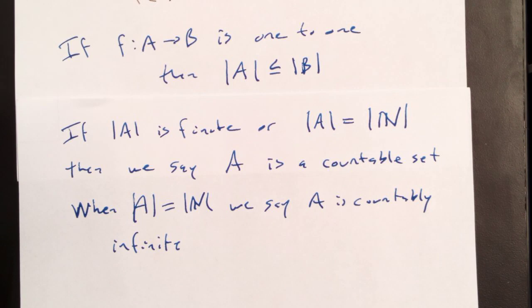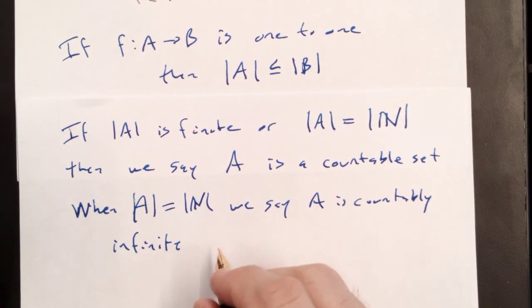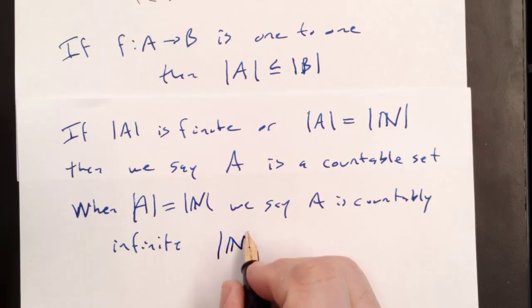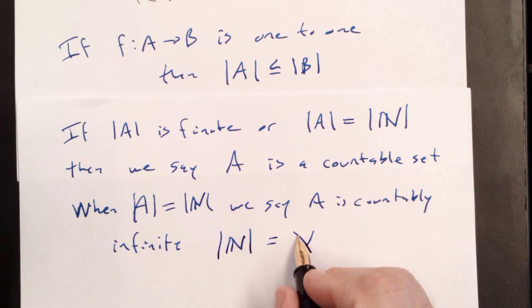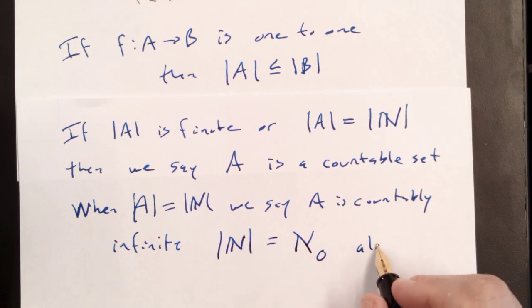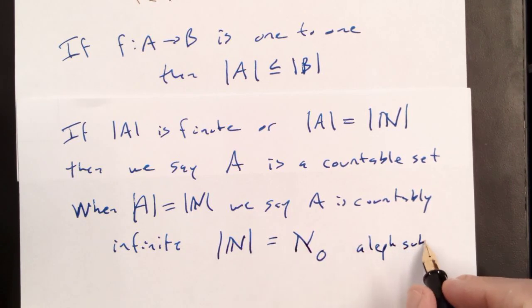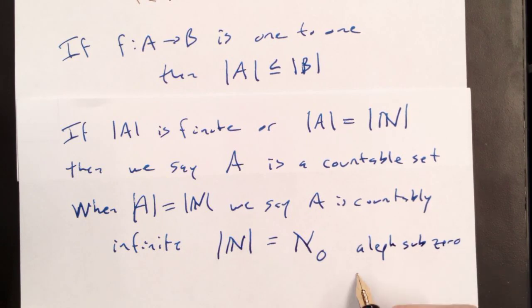So I'm going to invent a new symbol. I'm going to steal it from Hebrew. The size of the natural numbers is called aleph.